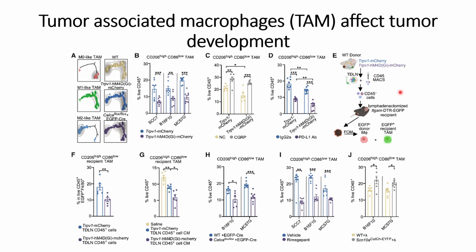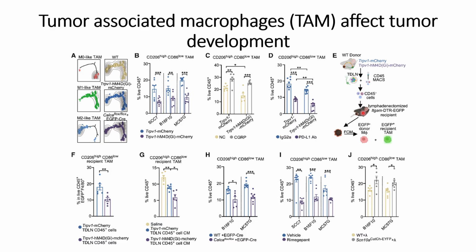Thereafter, they decided to use a model where they wanted to check the tumor-associated macrophages in recipient mice. So the experiment goes that first the wild-type donor is treated with either the control or with the HF4 DGI antibodies. Then the tumor-draining lymph node is taken out, and from that the CD45 immune cells are sorted.